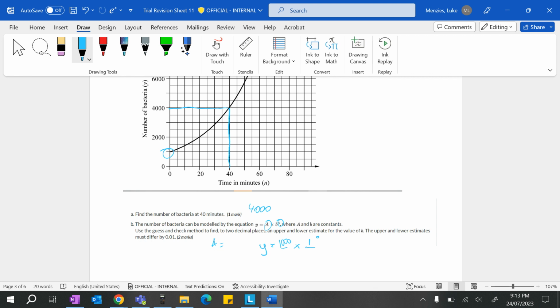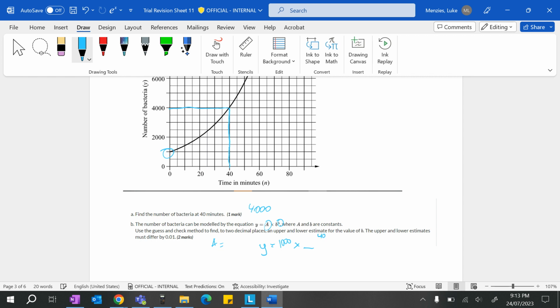Now, what we need to do is change some numbers around, and we've got to find something for B. So I'm going to leave my 1,000 there, multiply by something, and I'm going to say to the power of 40.